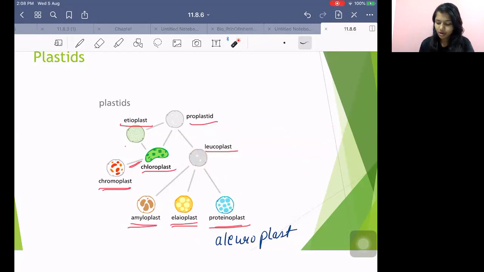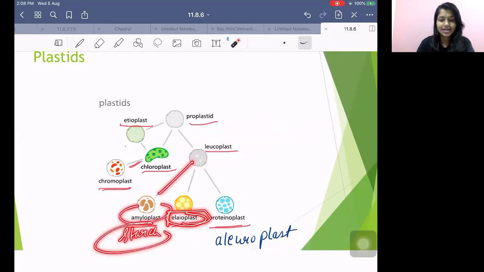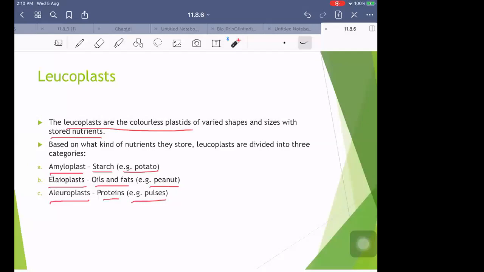If it is storing oil, you will call it elaioplast. If it is storing starch, you will call it amyloplast. So if someone asks you for an example, potato will have amyloplast, peanut elaioplast, and pulses aleuroplast, because pulses are rich in proteins.